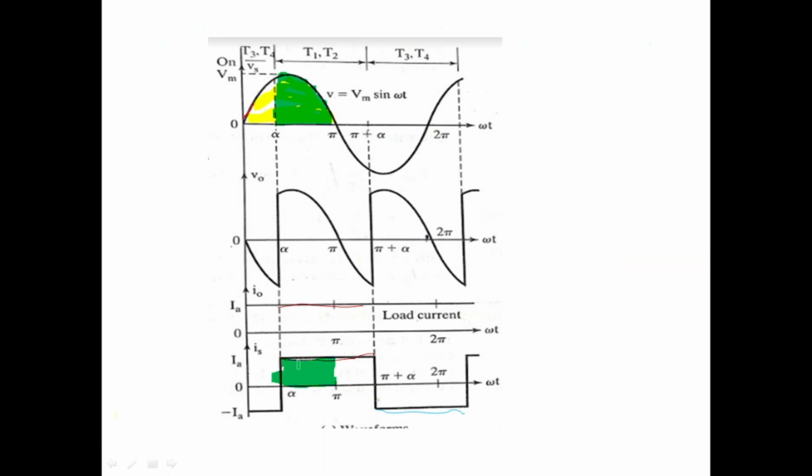So the power is positive, meaning the input voltage and input current, if you take the product of that, gives you power. The power is positive in this range, from alpha to pi, meaning the power is delivered to the load from the source. The power flow is from source to load.